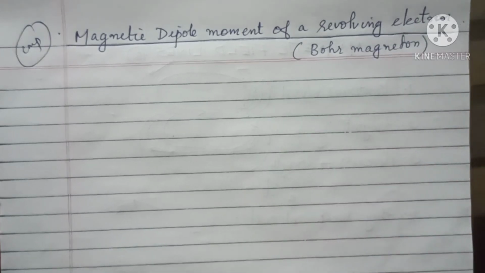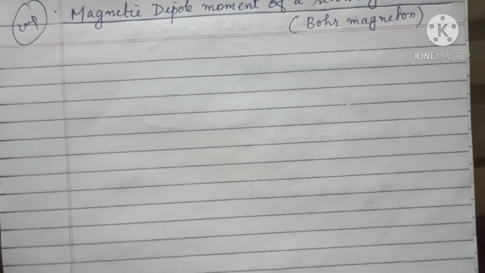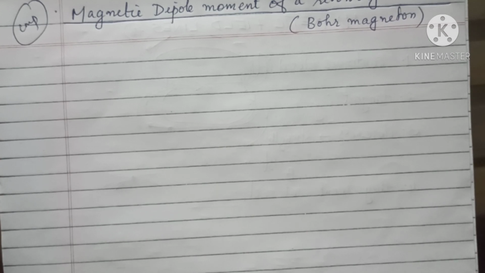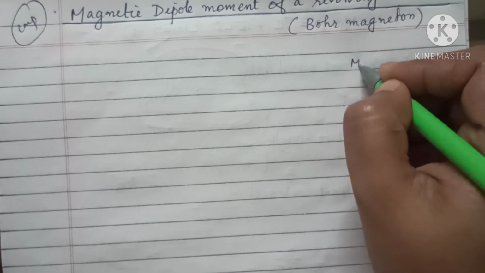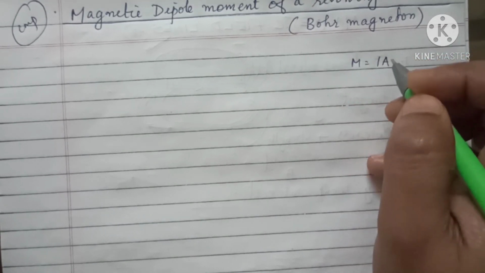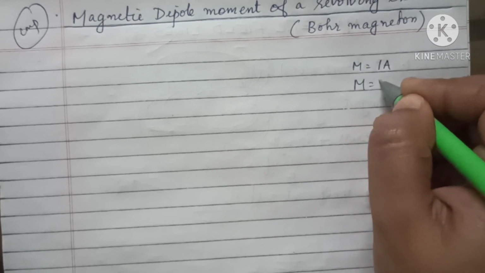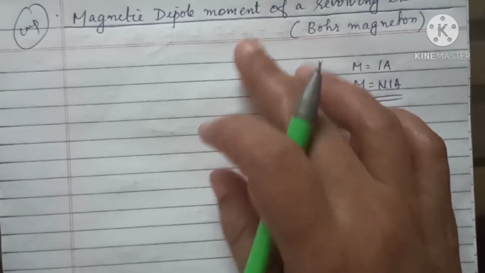Last class you discussed the circular current loop as a magnetic dipole, and there we expressed the equation for the magnetic dipole moment of the loop, which is given by M is equal to I into A. Do you remember that? And if there are n number of turns, we will write NIA. Okay. So keep this in mind, we need this equation here.